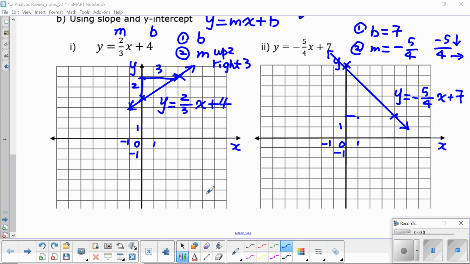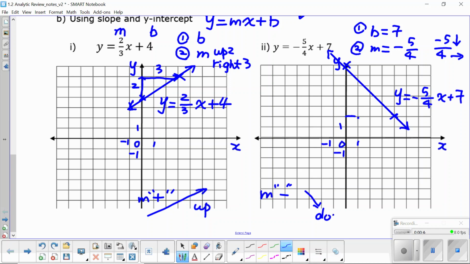And also we have some tips. For a positive slope, you will see the line goes up from left to right. So if from left to right it is up, then the slope is positive. If you know this property, you can check if your graph is correct or not. For a negative slope, you will see from left to right the graph is going down.